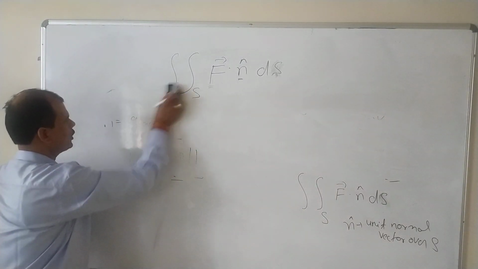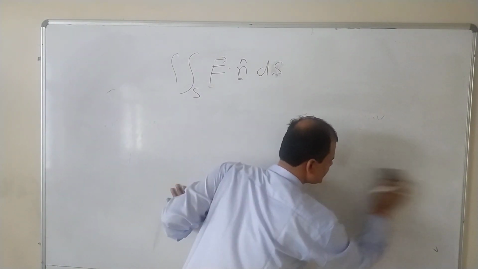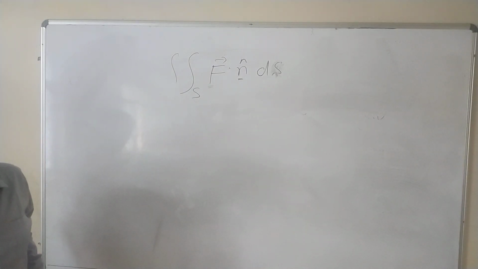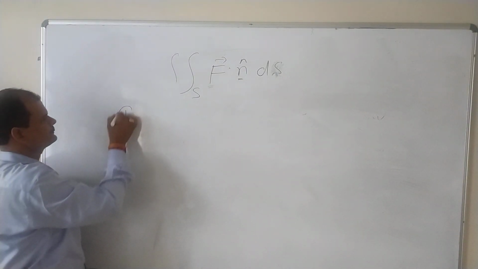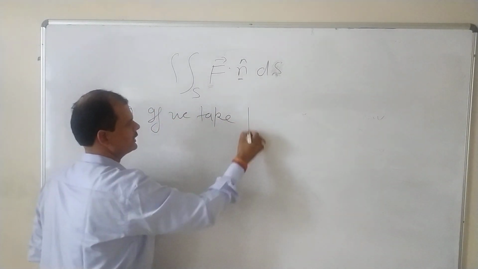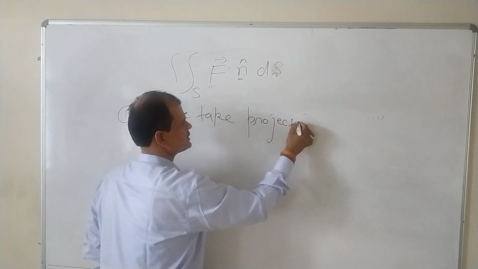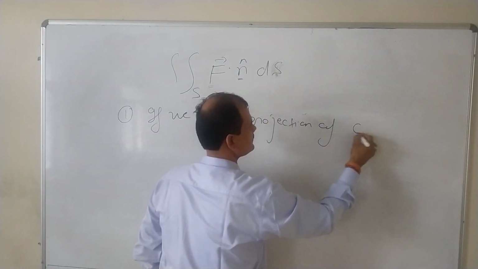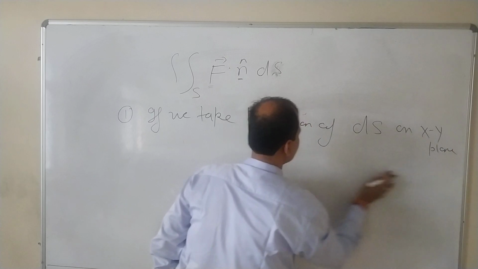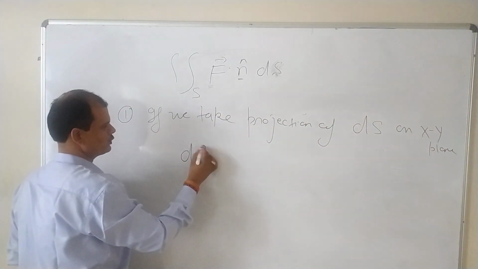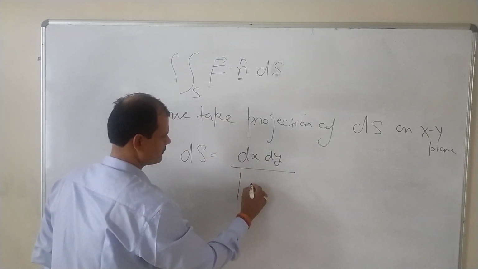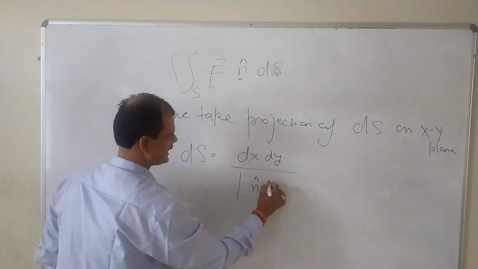Let us see how to take the projection and how your dS will change into dx dy. The first thing: if we take the projection of dS on the xy plane, your dS will be dx dy divided by the magnitude of n dot k cap.